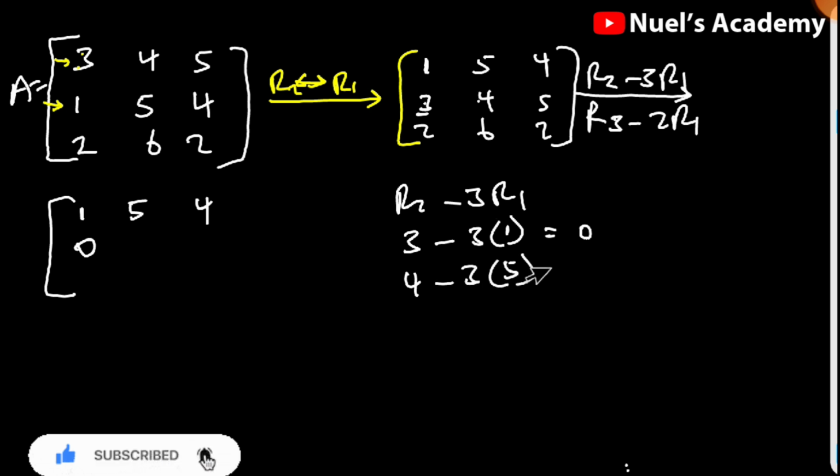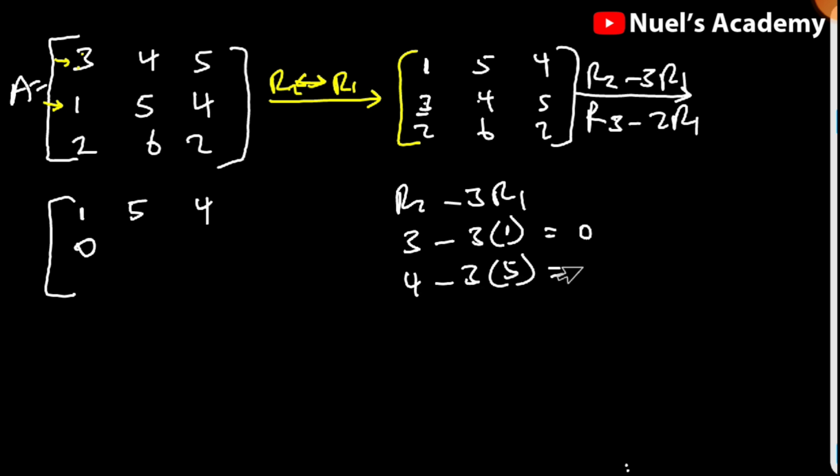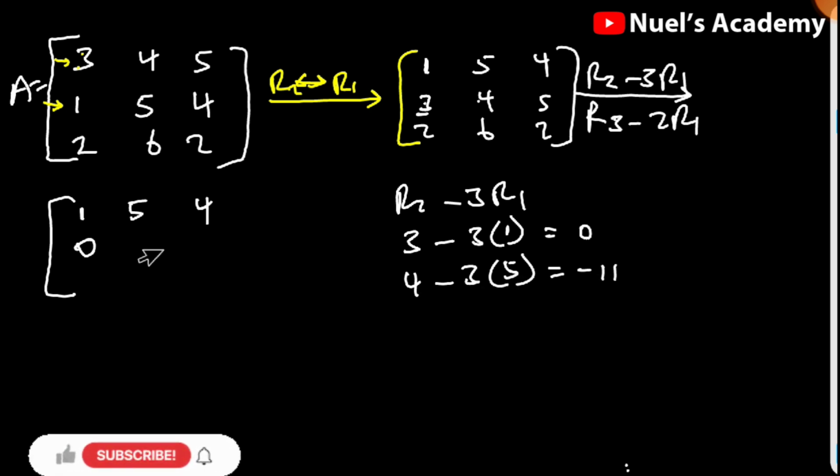So this is equal to 4 minus 3 times 5, 15. 4 minus 15 is equal to -11. So we write -11 here. And then this 5, we have 5 minus 3 times row 1 here, which is 4. So 5 minus 3 times 4 is 12. 5 minus 12 is equal to -7. So we write -7 here.